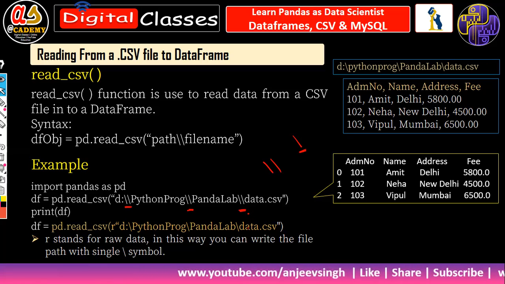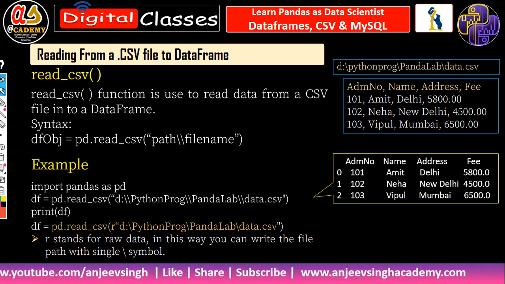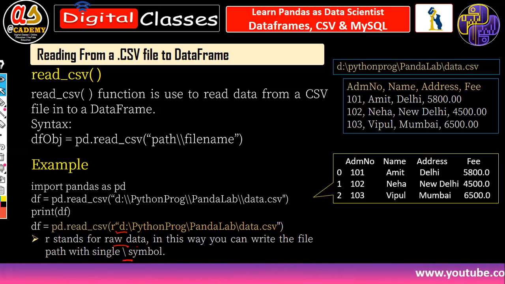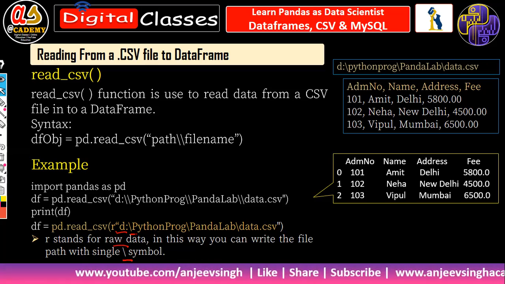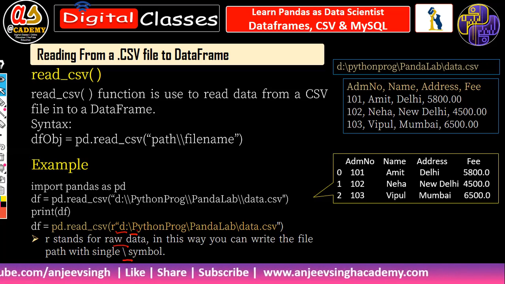But if you want to use a single slash, you have to use this R before the path. R stands for raw. In this way you can write the file path with a single slash. But I'm going to tell you, whenever you use the latest version of Python and pandas, even if you write the path using a single backslash, you will not get any error message.